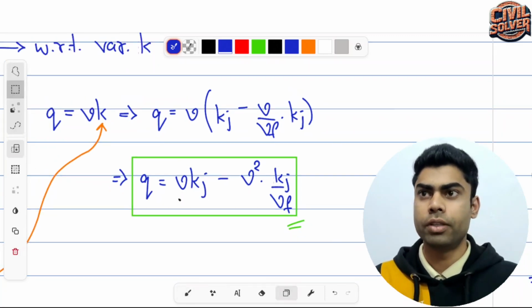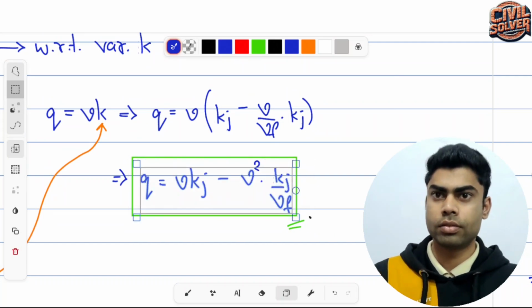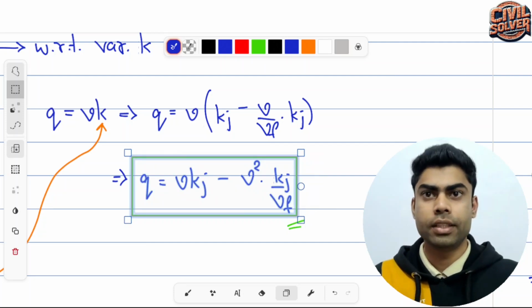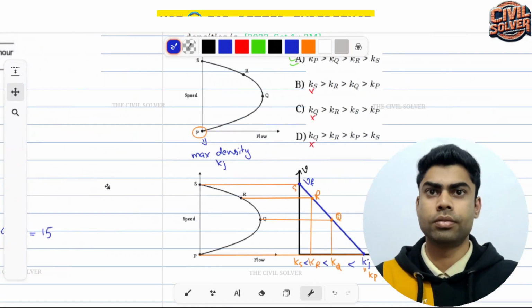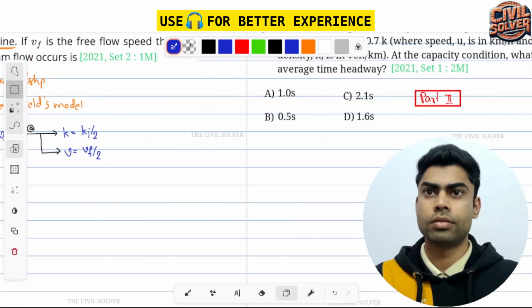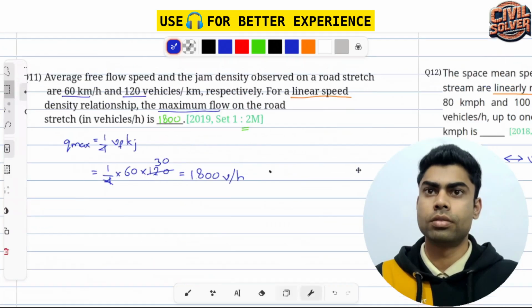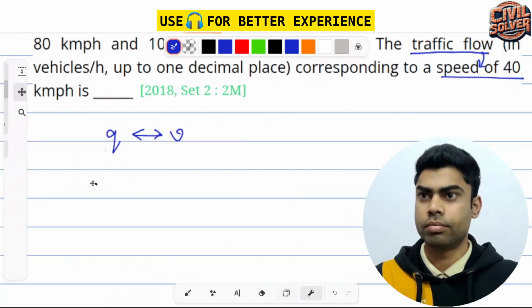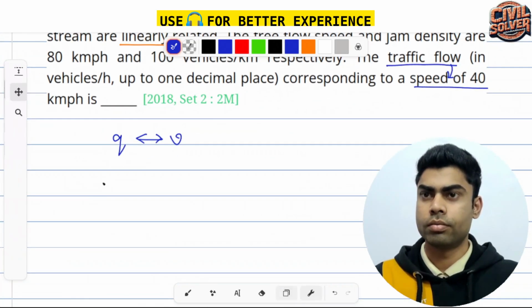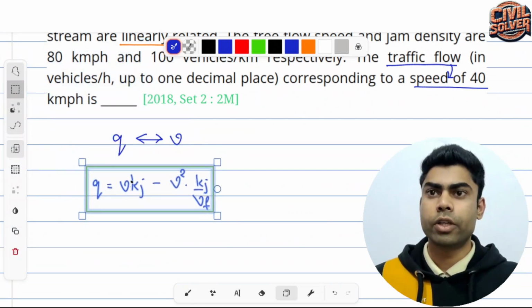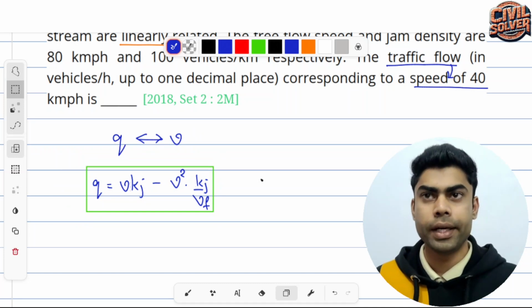I will simply copy it from here and paste it in our current question. Over here. So this is the required relation between flow and speed.